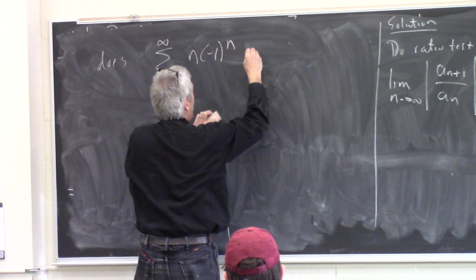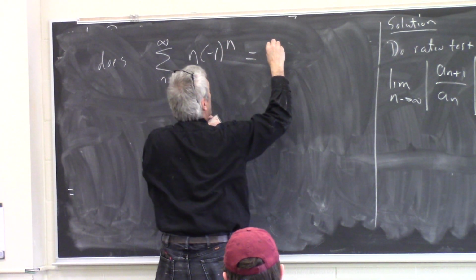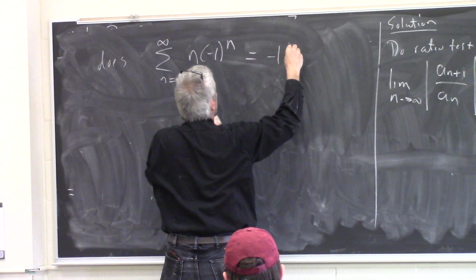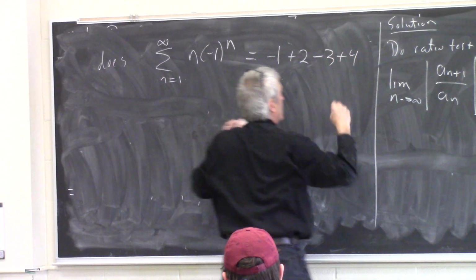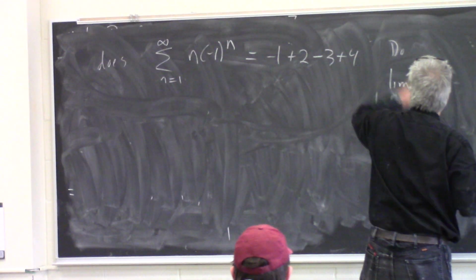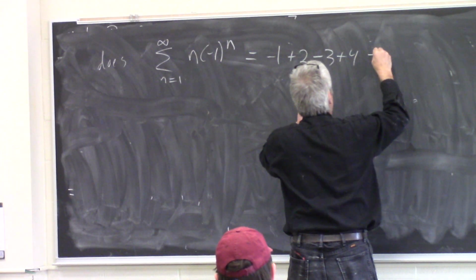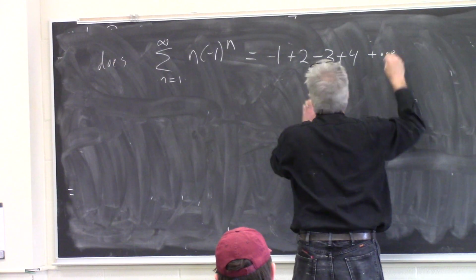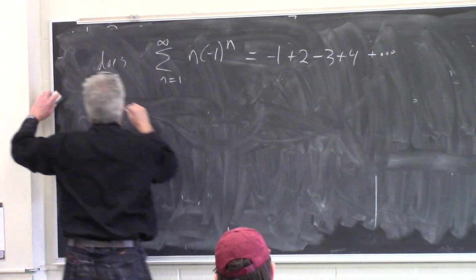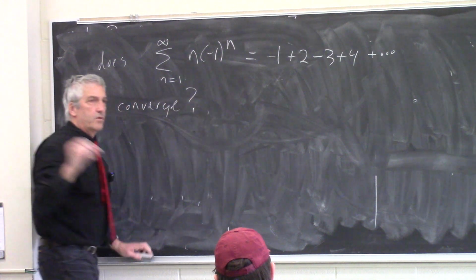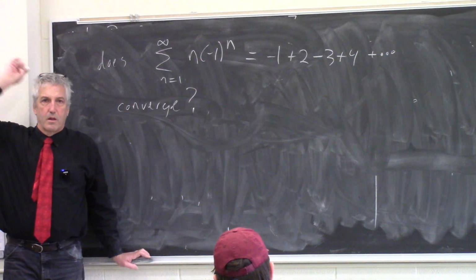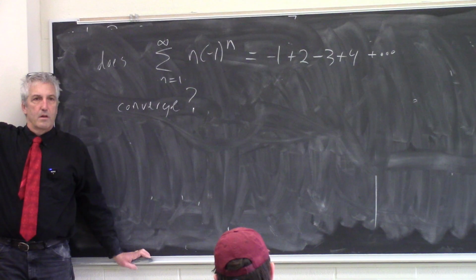Now, what does that look like? That's minus 1 plus 2 minus 3 plus 4. Does that converge? Who can answer that question?